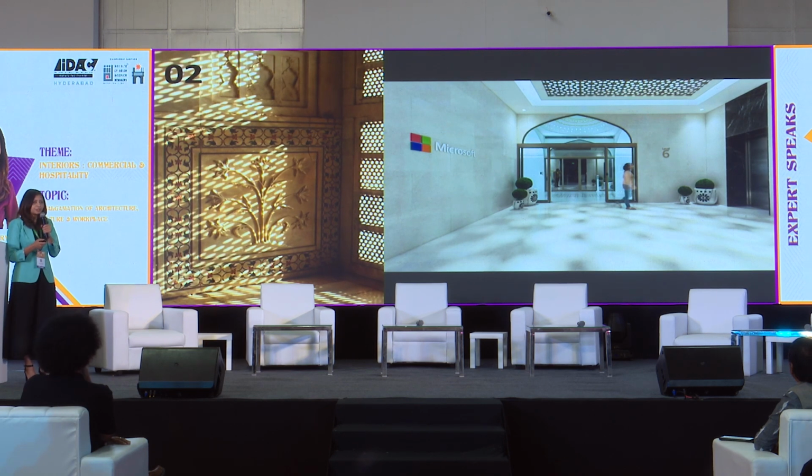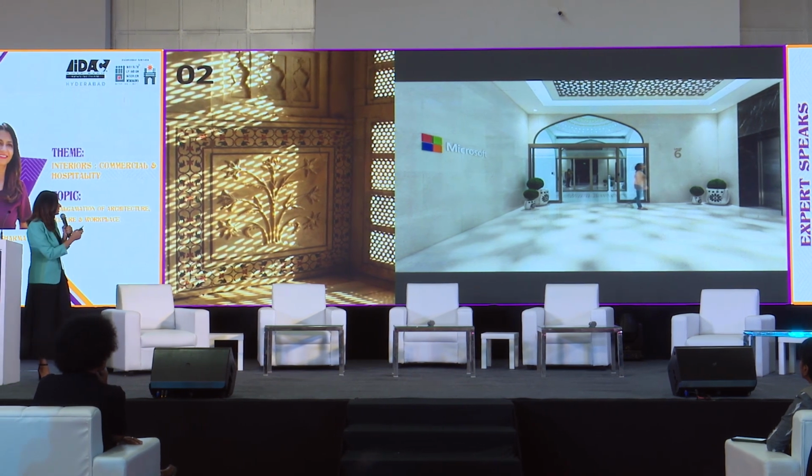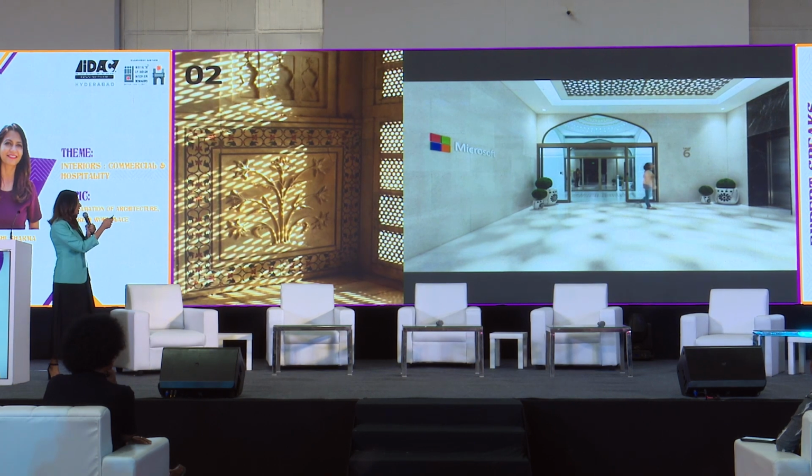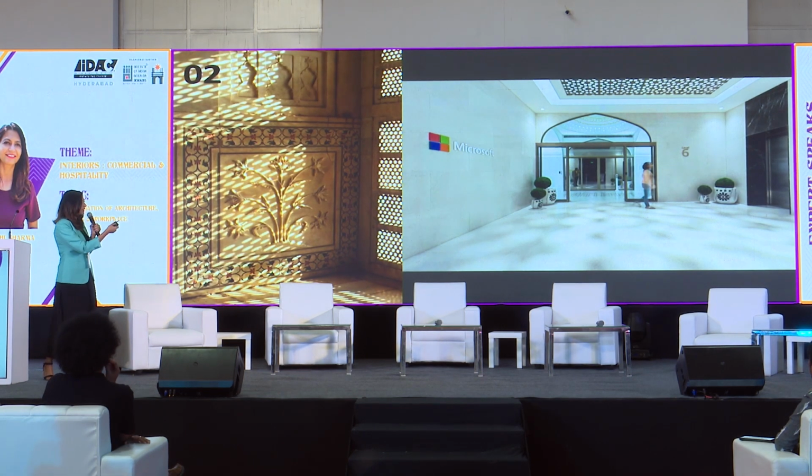So the perforated jalis, the pietra dura, and the ornate flower patterns, which were on the Taj Mahal and the neighboring parameters, were all taken into the architecture itself, on the ceiling. We also had the lights behind it, so what you get on the floor is what you see right here.